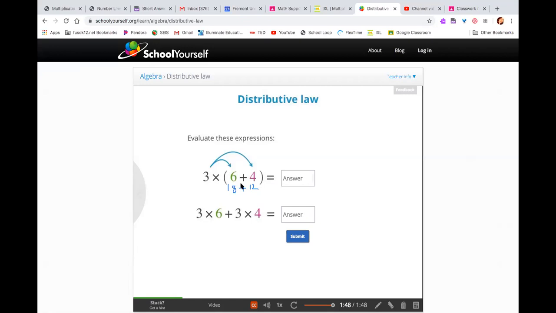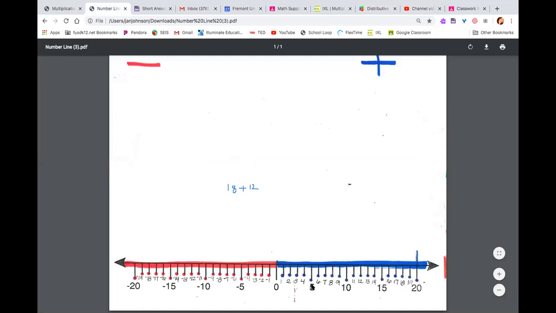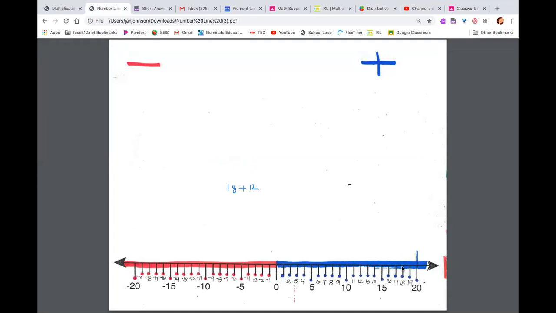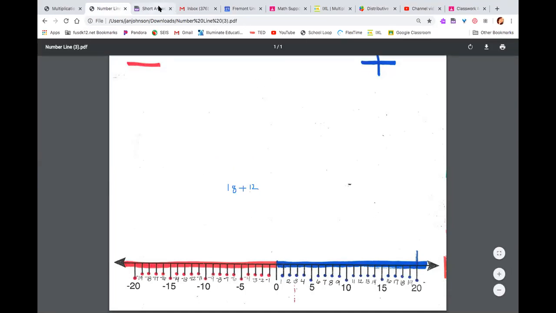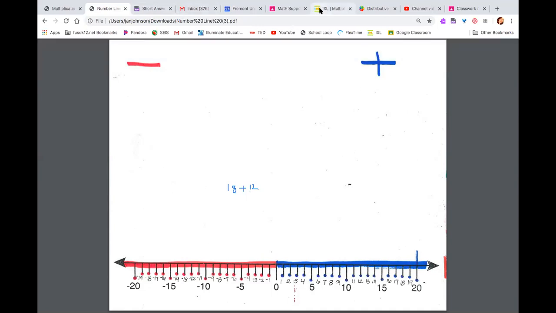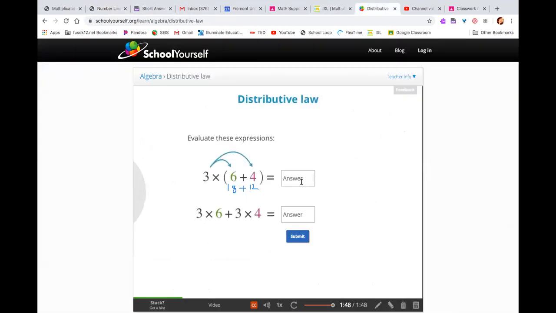Now, what is 18 plus 12? 30. Okay. So we're saying that answer is 30.